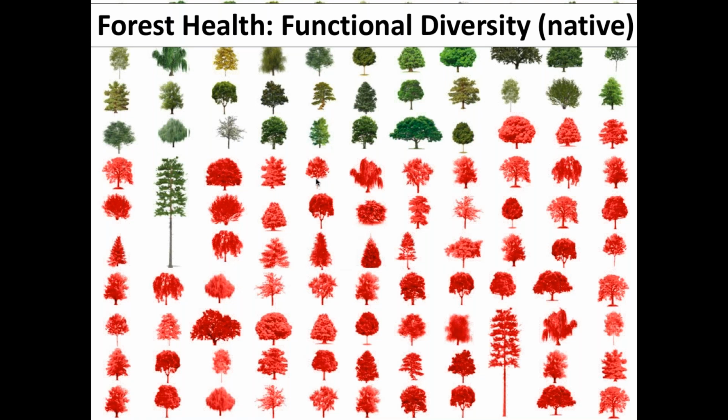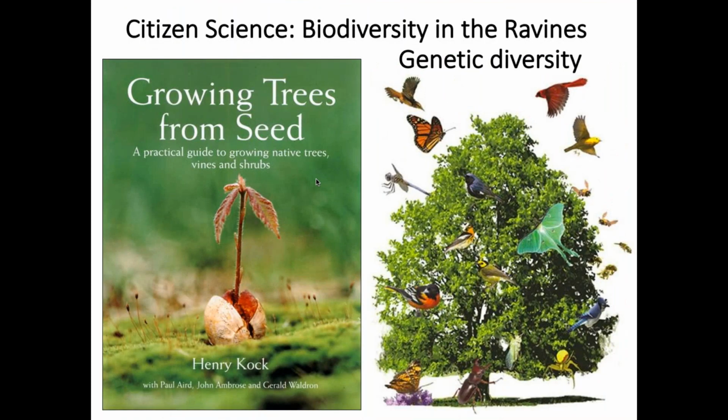But I think we need to be a lot more careful about how we make those decisions, and we can't just let nature take its course as it has in the ravines. And I wouldn't say it's just nature, it's us and nature on our trajectory.